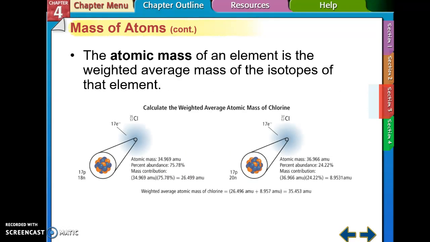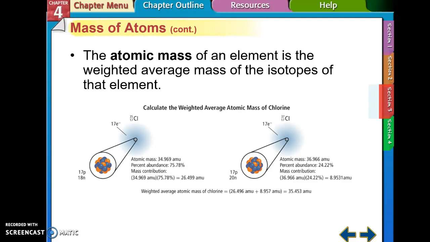So we've talked about the isotope number and the mass number of an individual atom. Each individual atom is going to have a specific atomic mass that's based on how many neutrons are in that specific atom. However, the atomic mass of an element, so this is talking about all of the atoms of oxygen, is going to be a weighted average of the isotopes.